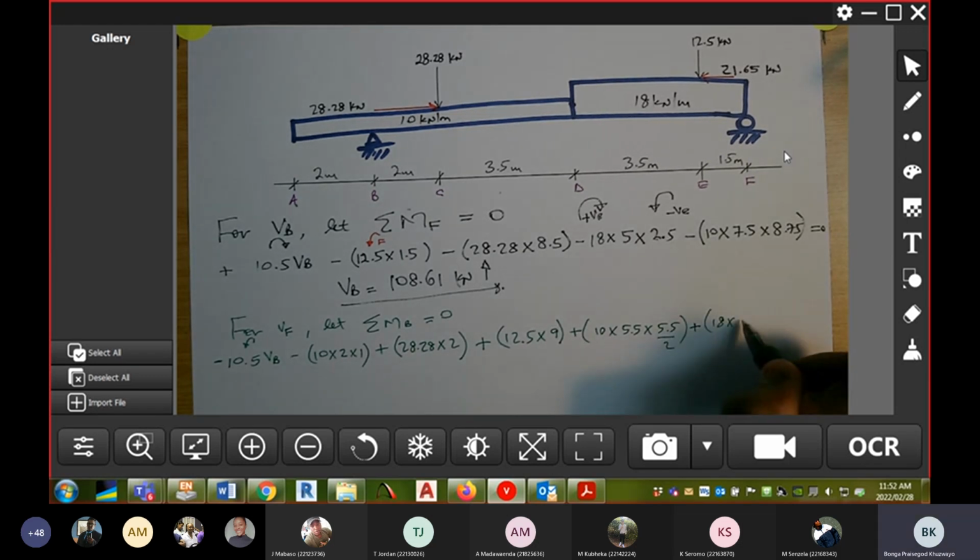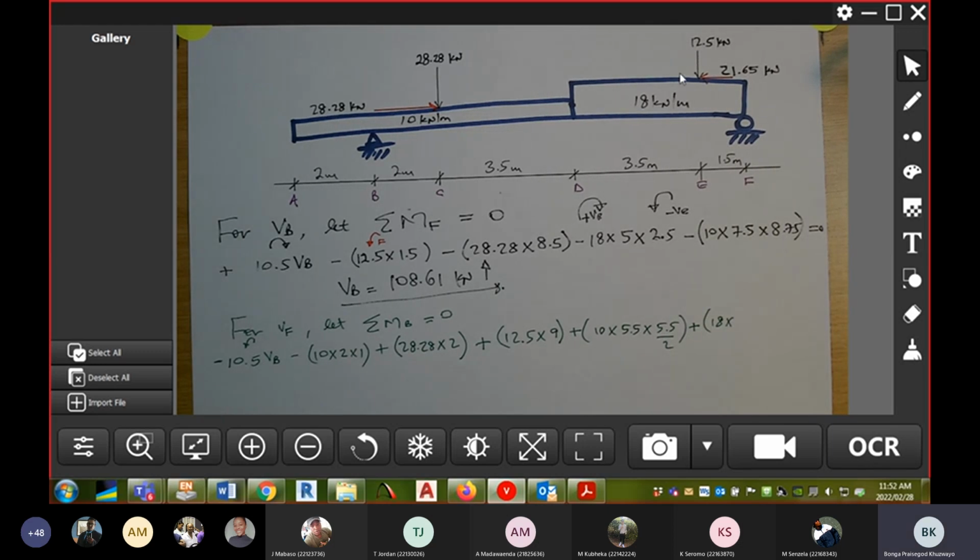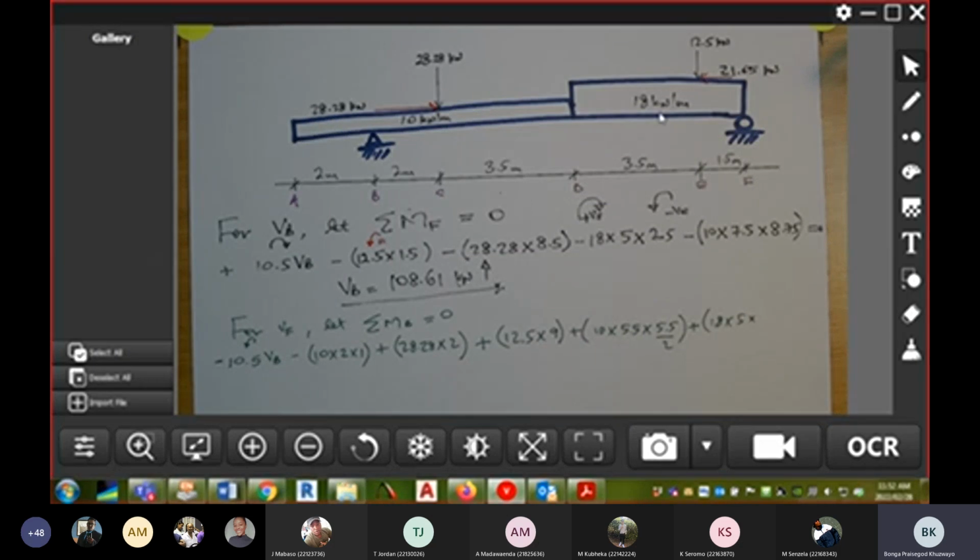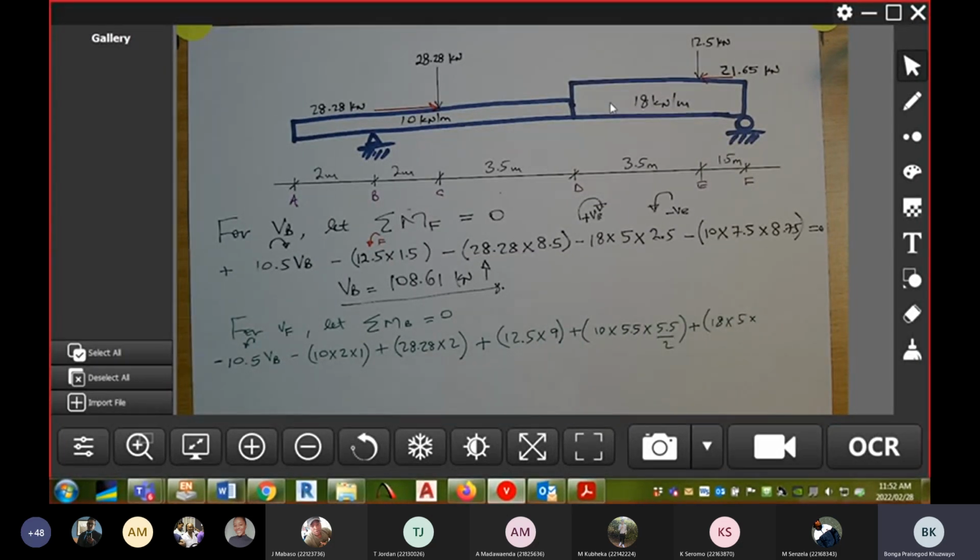We're taking moments about node B, so I can't use that small equation I was thinking about. Anyway, what is the lever arm for this force now?